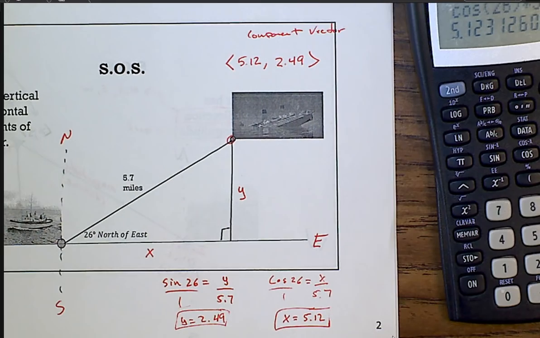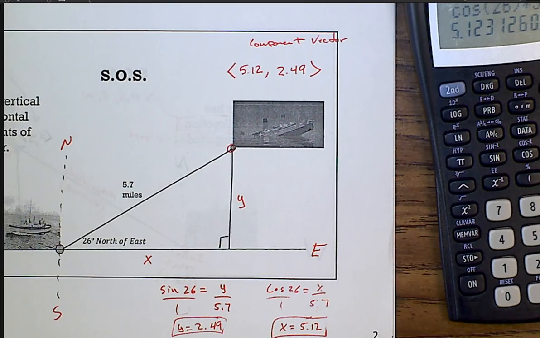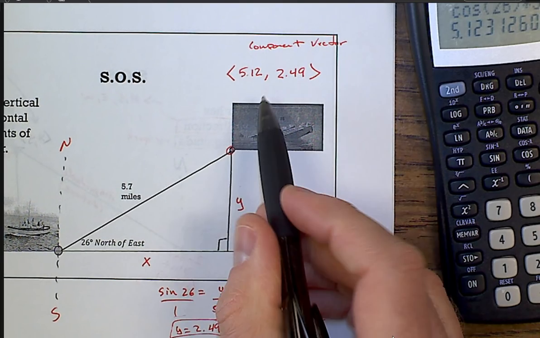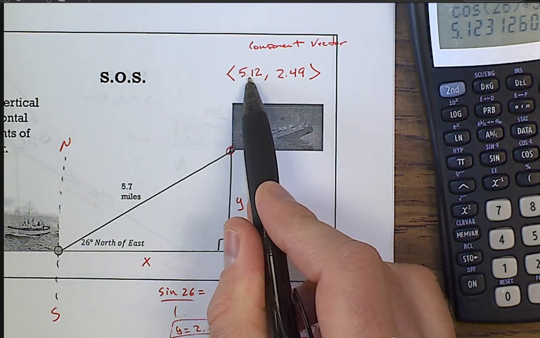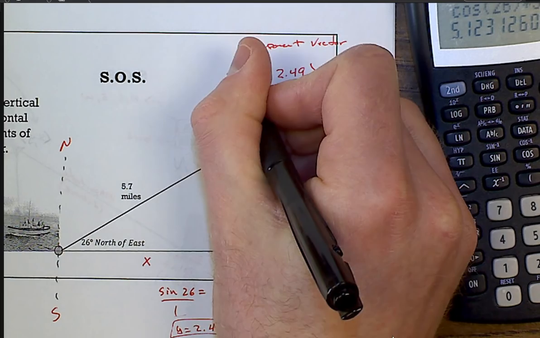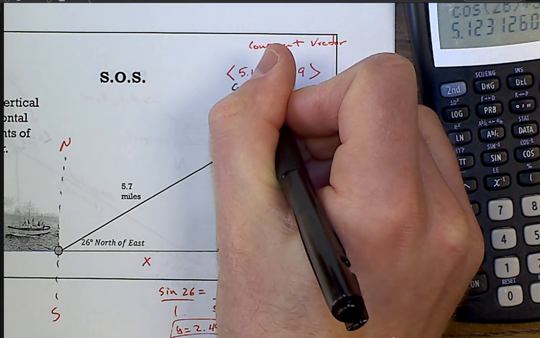Now, one thing that I want to point out to you, and this is going to help you with Unit 4, which is the unit circle. The way you find your x value is always cosine of theta times the magnitude, I'll put m.